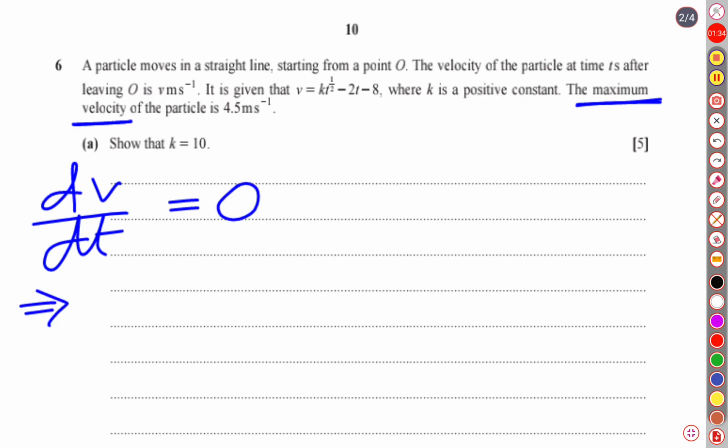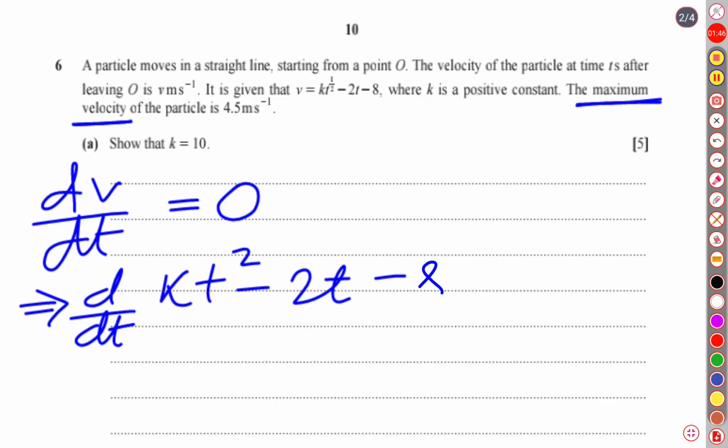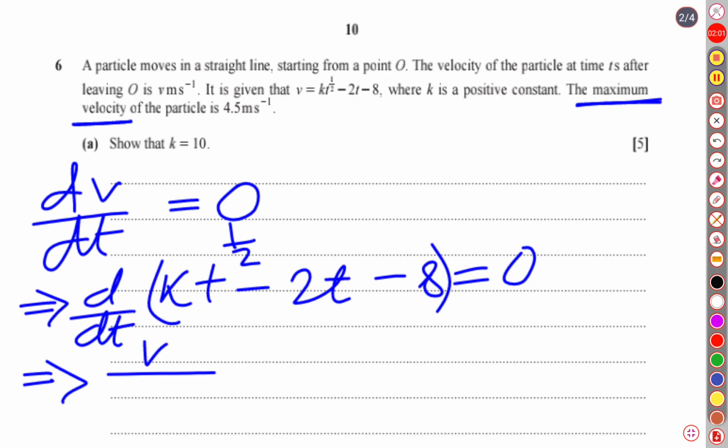And the derivative of what? Our velocity function is k t raised to half minus 2t minus 8 equal 0. And we are going to find the derivative of this function. So k times half, t raised to half, sorry, it's not 2, it's half actually. So k and half, that means 2 will go down.